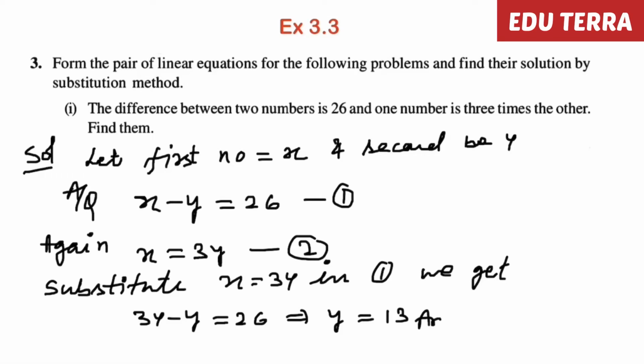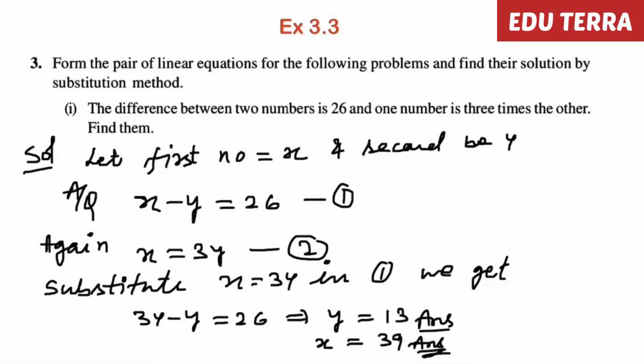It is one answer. Now we have to find the value of x. So what will you do? Substitute value of y in equation number 2. You will get x equal to 39. It is our second answer.